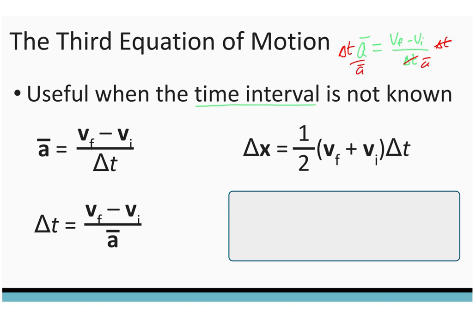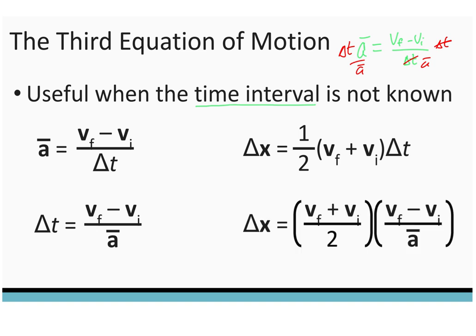And so one of the things we can do, assuming we don't know time, is replace time with it, right? We just said change in time is my final minus my initial velocity over acceleration. So let's replace that time with this. It looks like that.